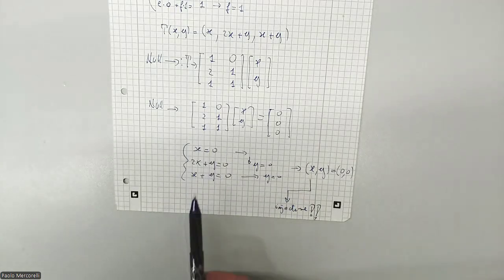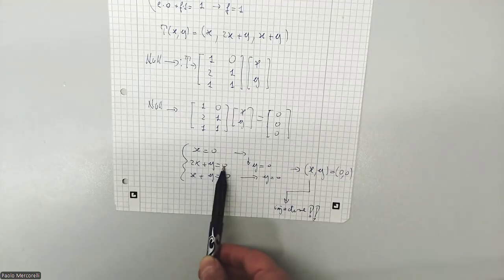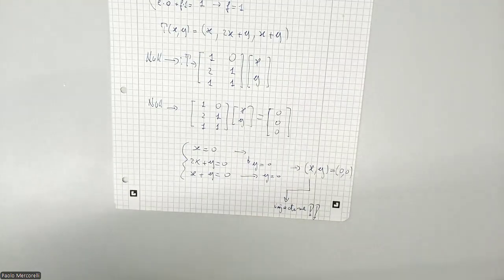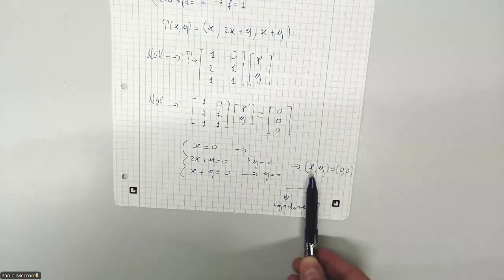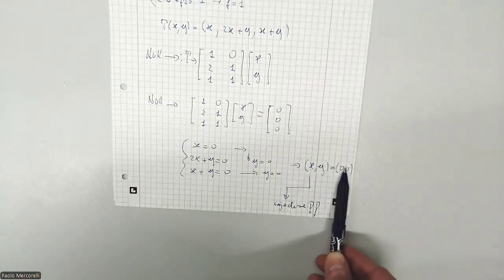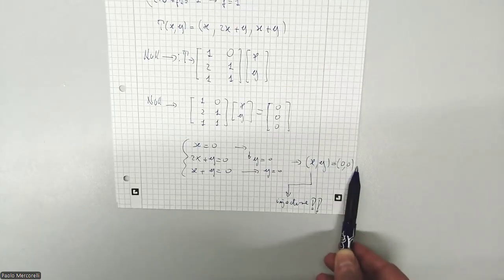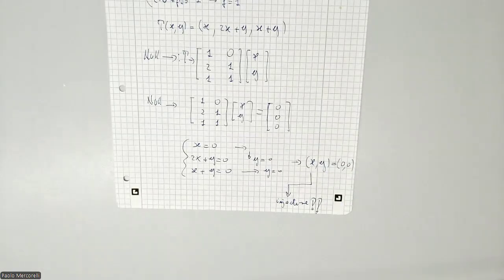X equals 0, but if X is equal 0, Y is equal 0, and then 0 equals 0. This means the solution is (X,Y) equal (0,0). We have just one solution. This means in general, injective if and only if just 0 is mapped into 0.